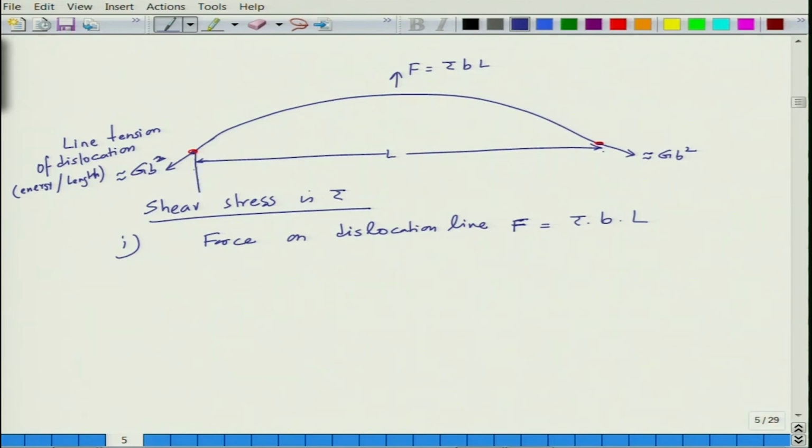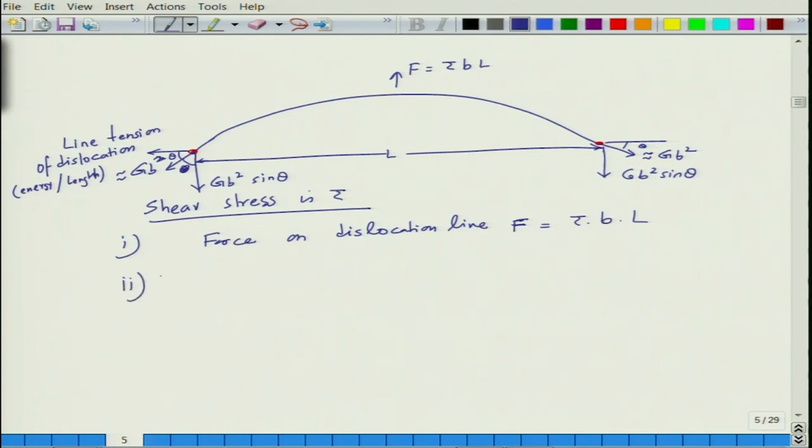So, if this angle is theta, then this will become G b squared sin theta, and this will also become G b squared sin theta here. So, these are the balancing forces.